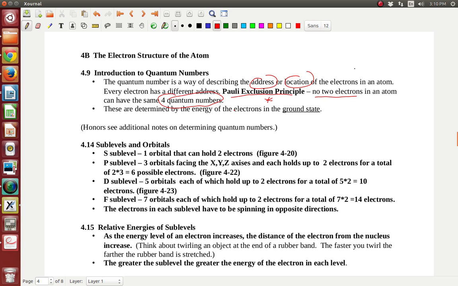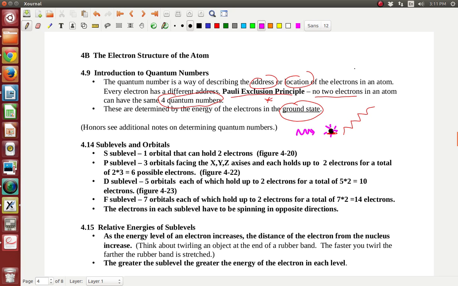These are determined by the energy of the electrons in the ground state. So remember, the ground state is the lowest energy state of the electrons. Think about it like sitting here on the ground, and then here's some steps, and here's my electron right here. He's kind of lazy. Then along comes some violet energy, a photon of violet light maybe, and it takes it in.